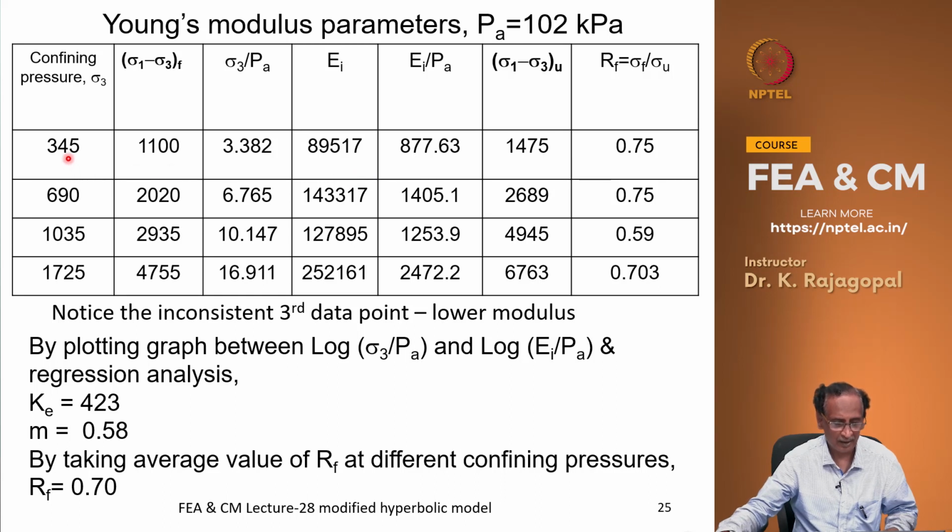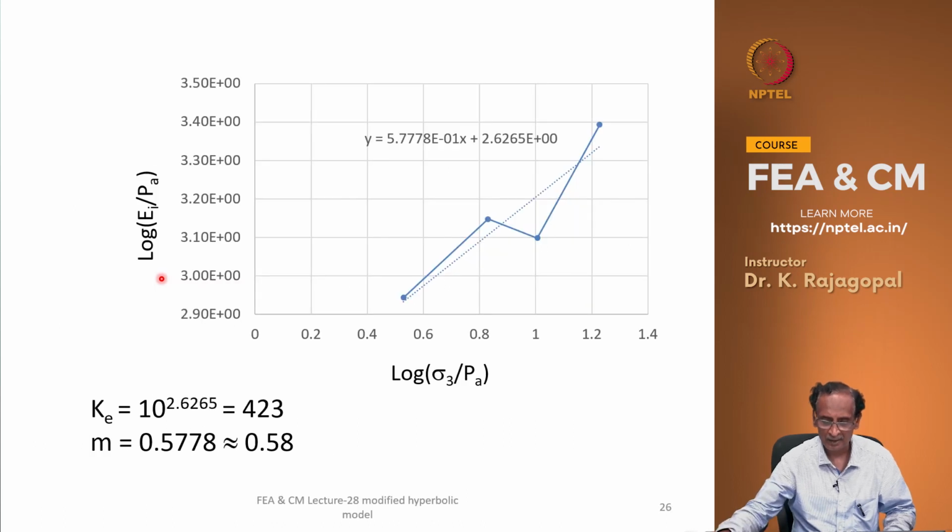we have at sigma 3 of 345, the initial modulus is 89,517, and this is sigma 3 by Pa and EI by Pa, and then at 690, 1035, 1725 we get different sigma 3 by Pa and EI by Pa, and then we take the log of sigma 3 by Pa on the x axis and the log of EI by Pa on the y axis, and you see that at this confining pressure your Young's modulus is reduced instead of increasing.